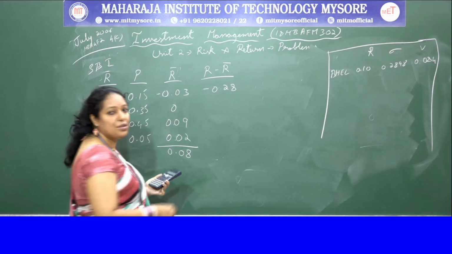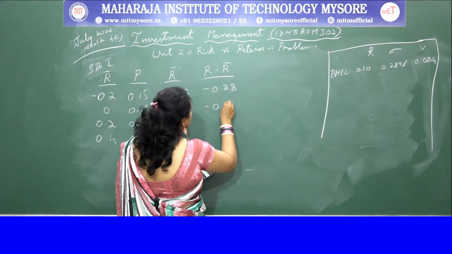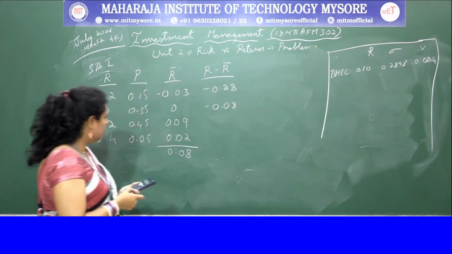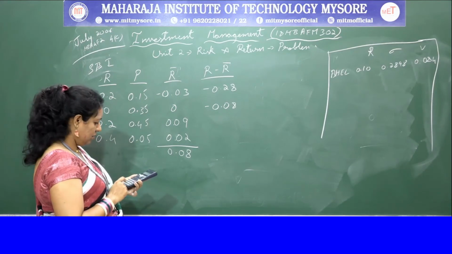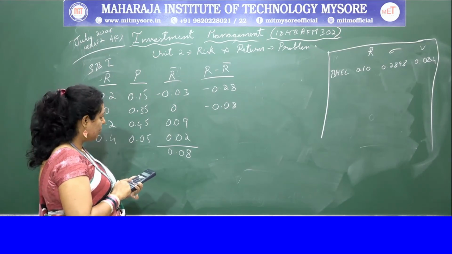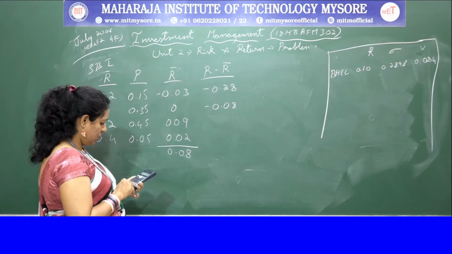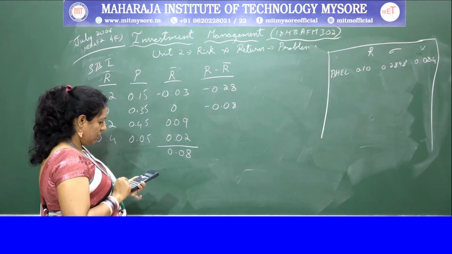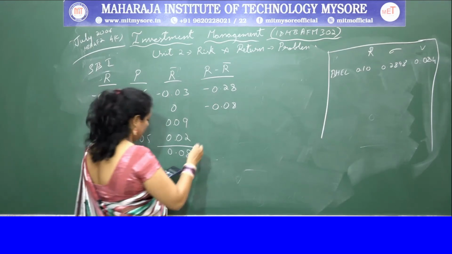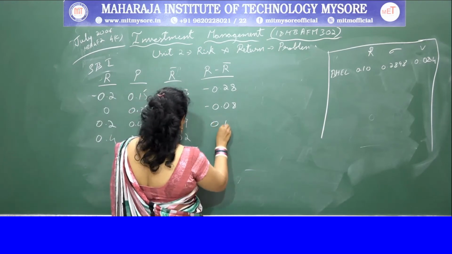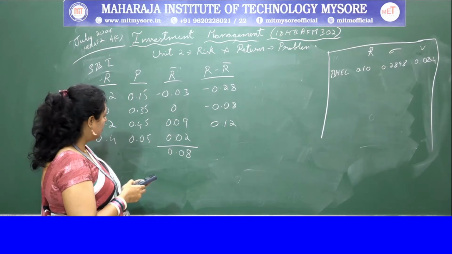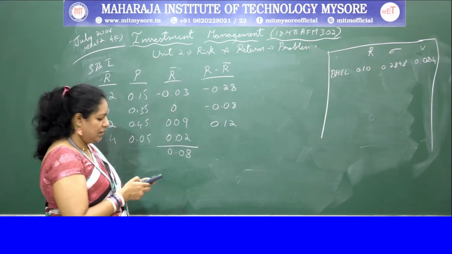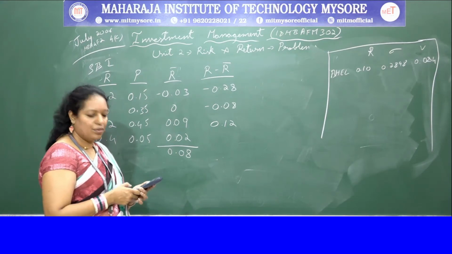So you get minus 0.08. Okay, then you have again, third one you get is 0.12. Okay, then the last one 0.